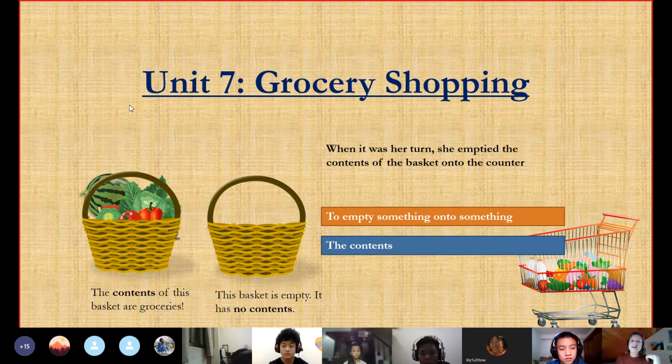Let's look at it. So here, like Dylan said, we have vegetables or groceries in the basket. So we can say here, the contents of this basket are groceries. So contents is what is inside of something, okay? So inside of this basket are groceries. Now this basket, like Dylan said, is empty. It has no contents.